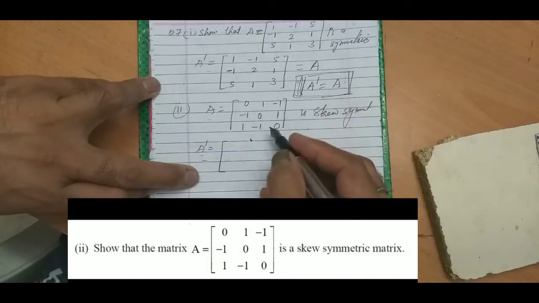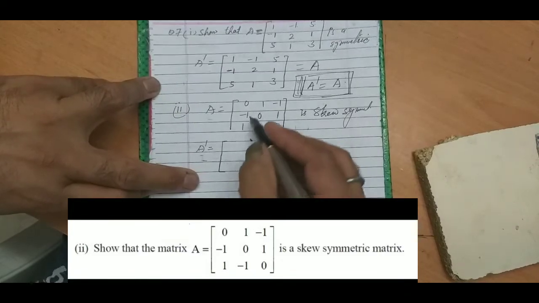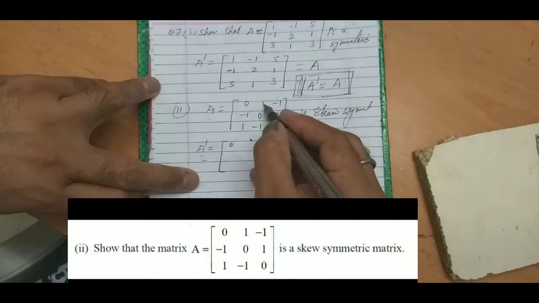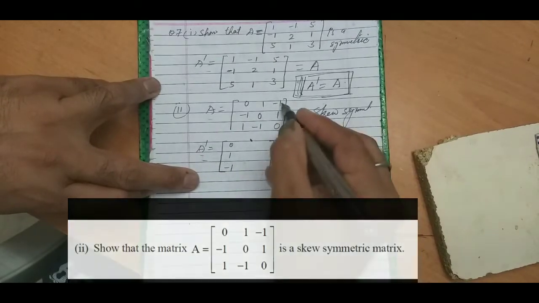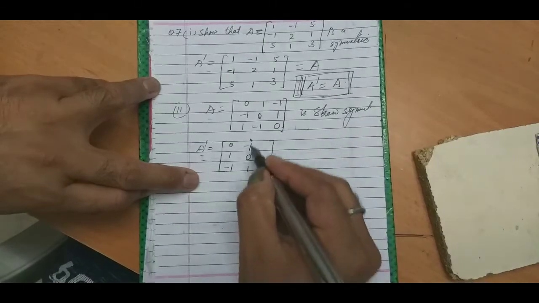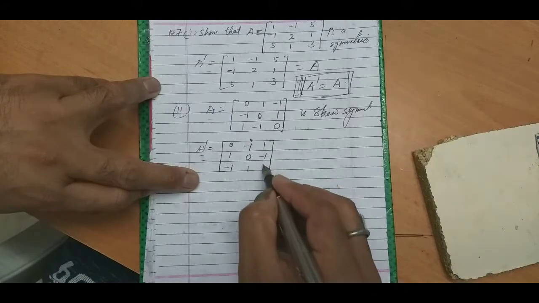If it is equal to the old one, then we will say it is skew symmetric. So 0, this row first will become the column 0 1 minus 1, second column minus 1 0 plus 1, third row third column 1 minus 1 and 0.